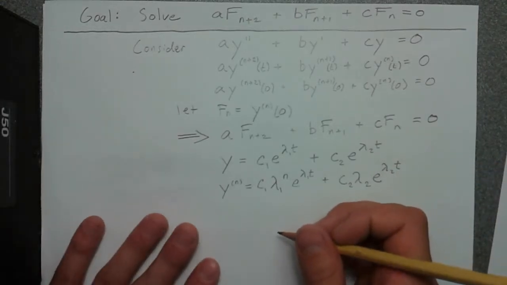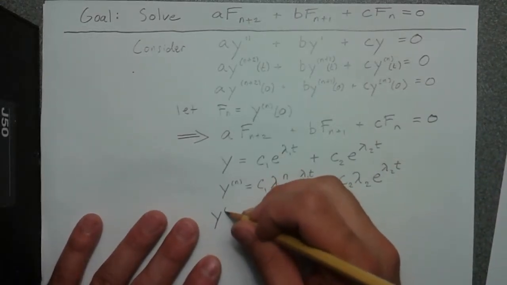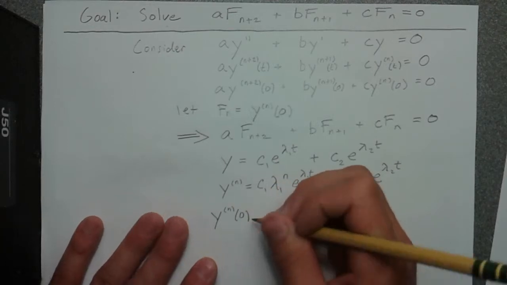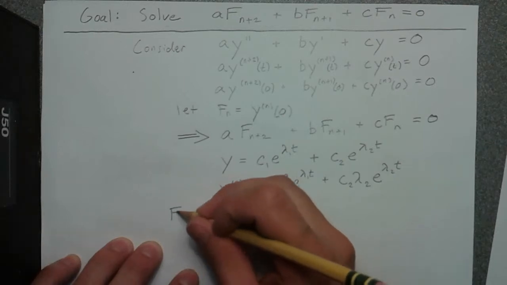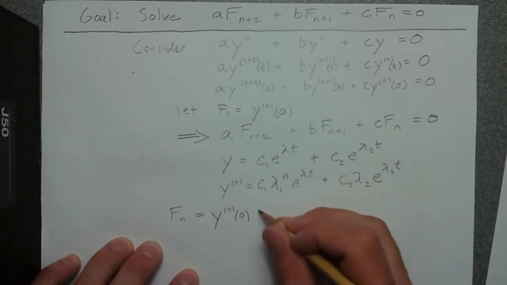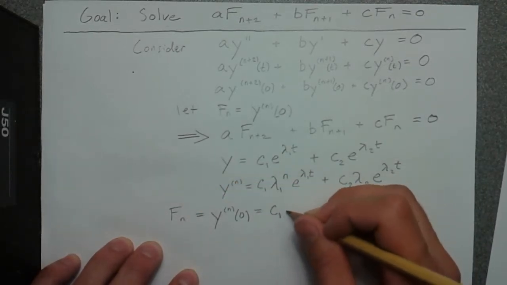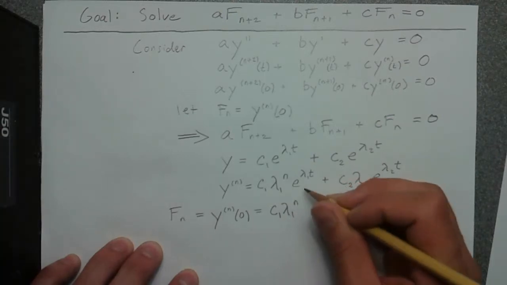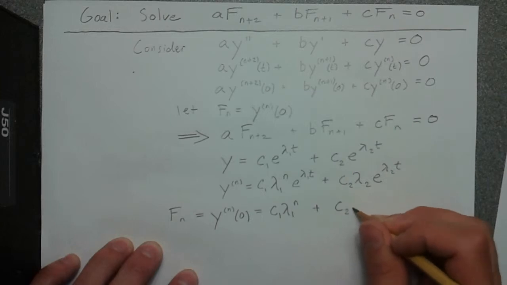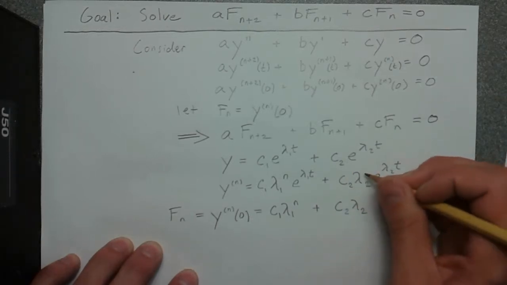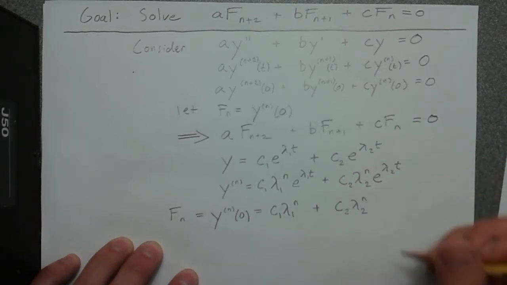Then it's just evaluating this at 0, and that will be f of n. So this is just going to be c1 lambda 1 to the n. Then if I put in 0 here, this is just 1. Over here, this is c2 lambda 2 to the n. And that's your solution.